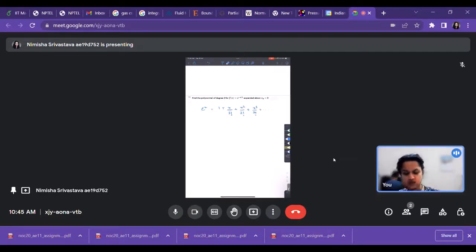So we are only concerned with a polynomial of degree 3, so I'm not going to be writing further terms. But over here we see that this is just for any e raised to x. So substituting minus x by 2 instead of the x over here, let's see what we get.